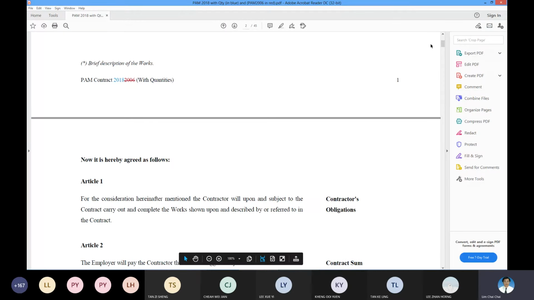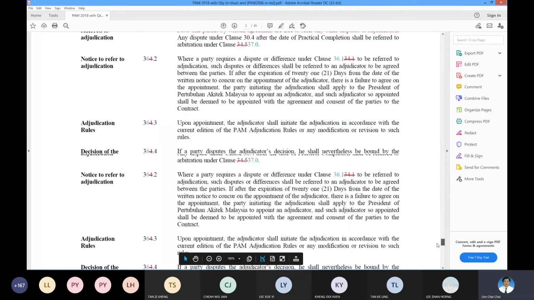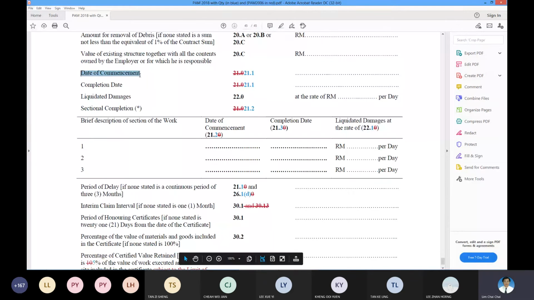That means under your PEM, it will be written here. Date of commencement, date of completion if it is only one phase. If there are many phases, then you have it here. Different commencement, different completion. This one you have your different phases.